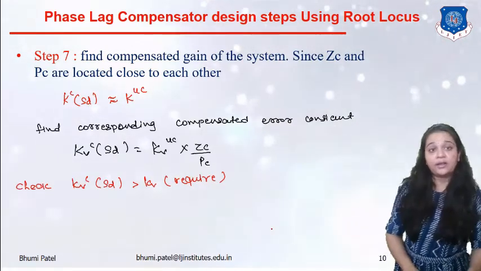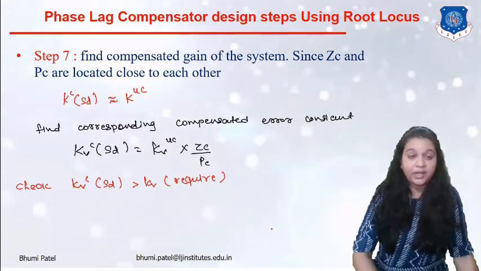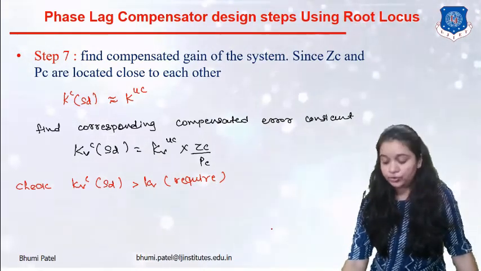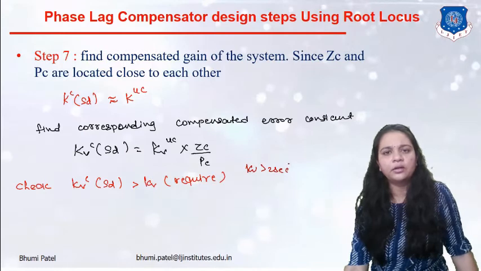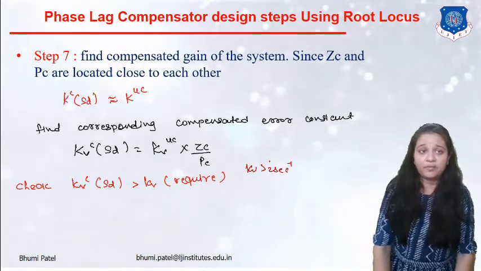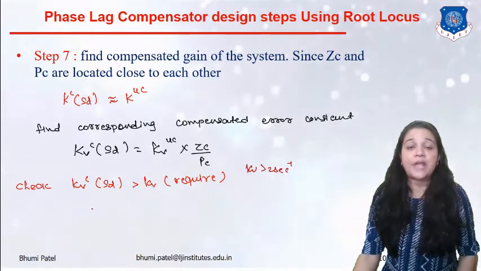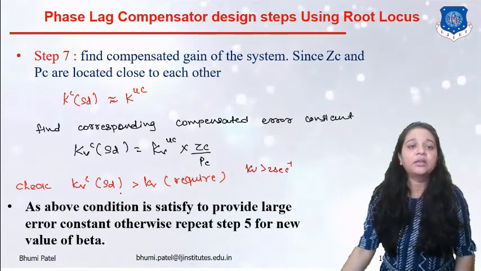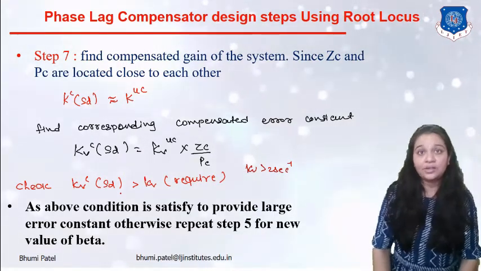Now we have to check that Kv compensated at SD is greater than Kv required. Kv required is given in the system equation, for example Kv is greater than 2 per second. After finding Kv compensated at SD, we check that it is greater than Kv required. If yes, then the condition is satisfied, providing the required error constant.